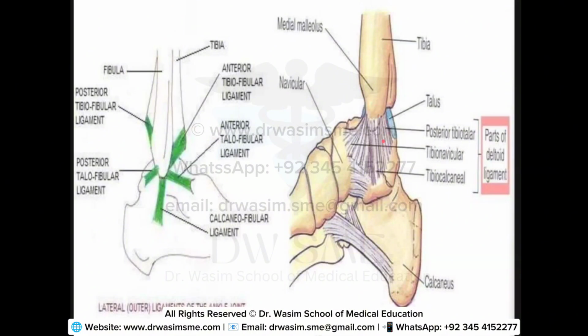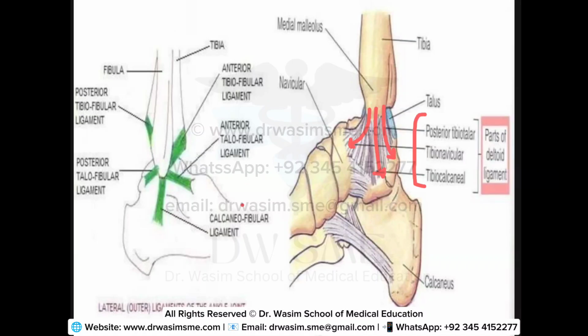So this is tibiotalar, this is tibionavicular, and the one coming from the calcaneum will be the tibiocalcaneal. So it will be like this. It will be an articulation with this and like this. So with tibia, you have to add the name of the three bones which are present in close association. So you need to remember these names. These are very important, and I have given you the way to remember.